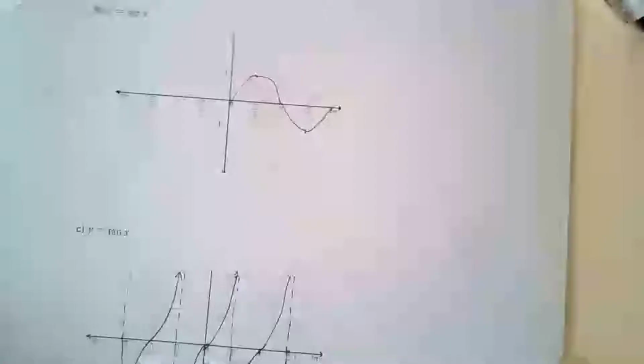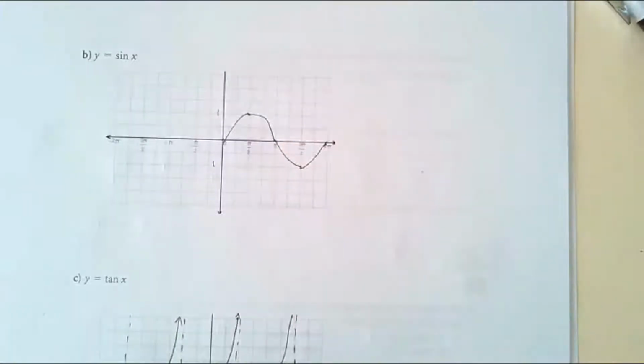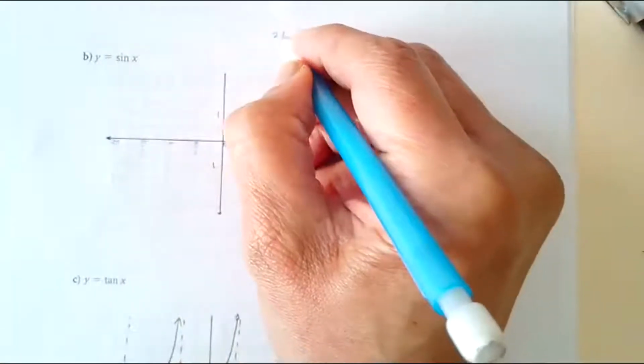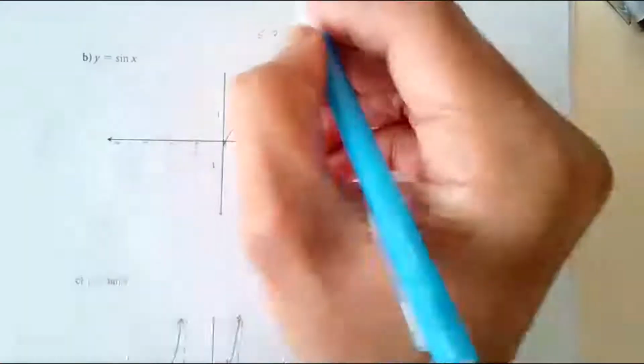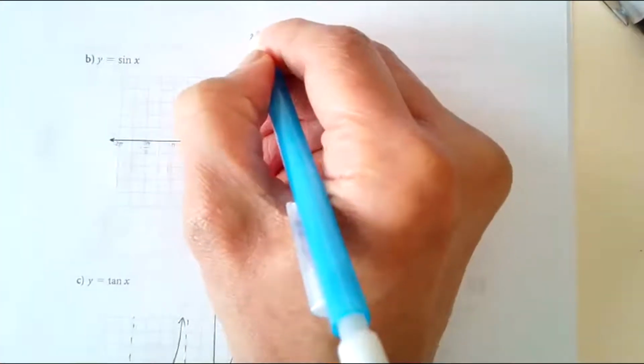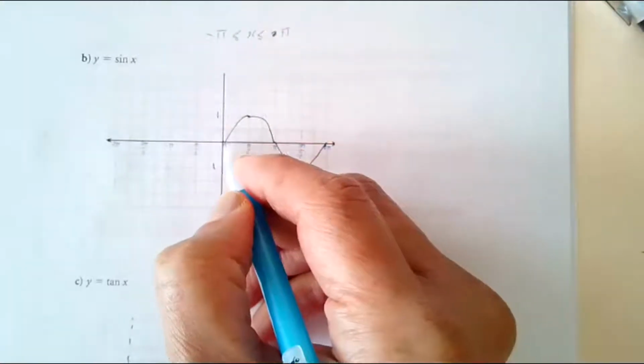Okay, let's go on to the next one, sine x. I've already completed sine x, but they want you to extend this graph between pi and 2 pi and negative pi. So continue this graph.